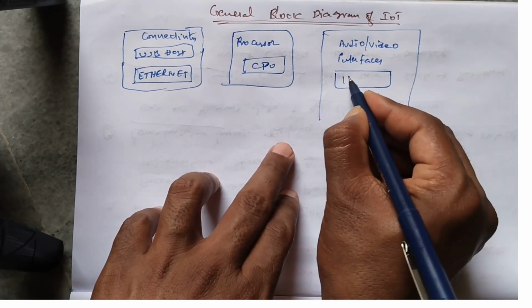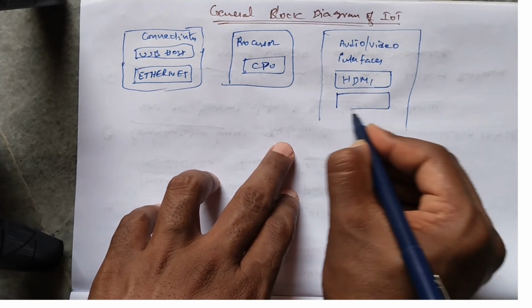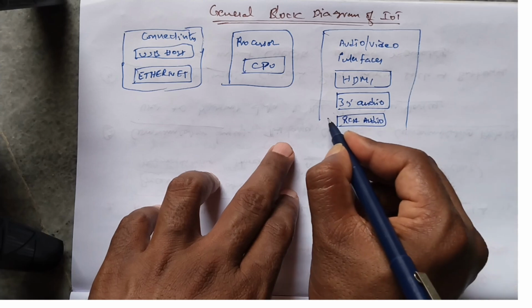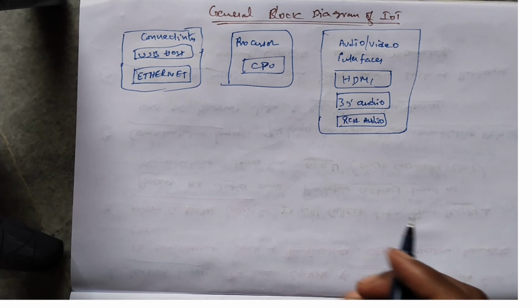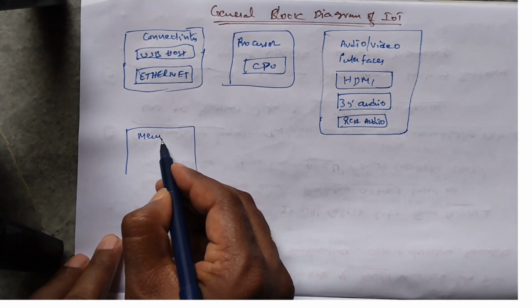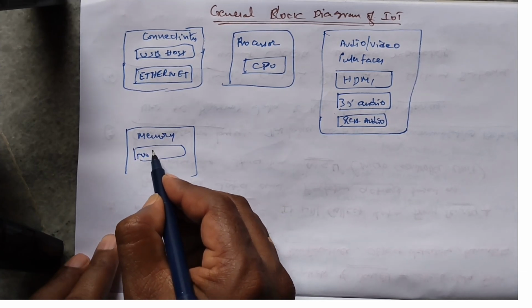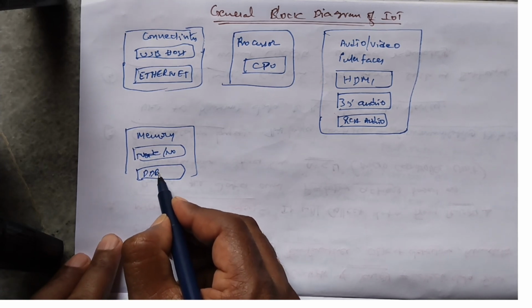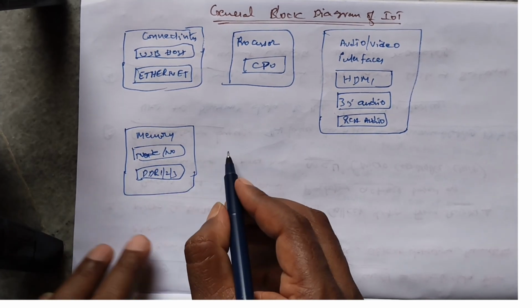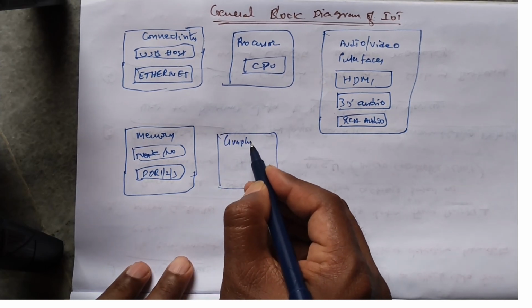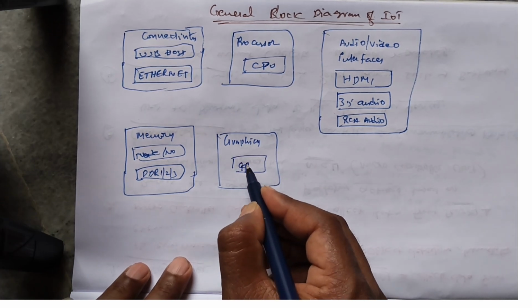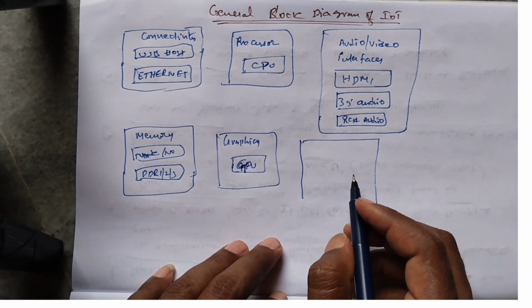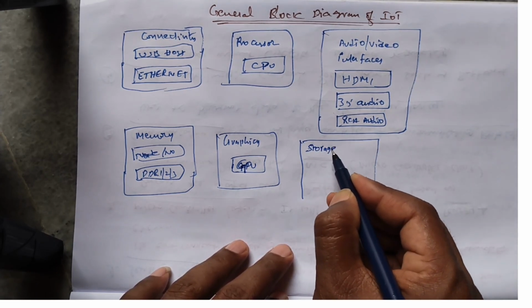In this one, HDMI for video purpose, 3.5 audio, RCA audio, and the next one is memory, NAND, and here we have DDR1, 2, 3 RAMs, graphics card, that is GPU, graphical user interface, and the next one is storage interfaces.